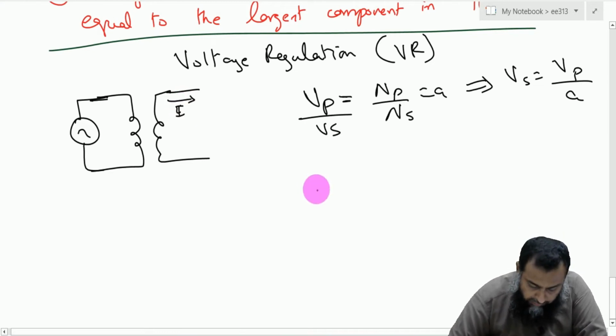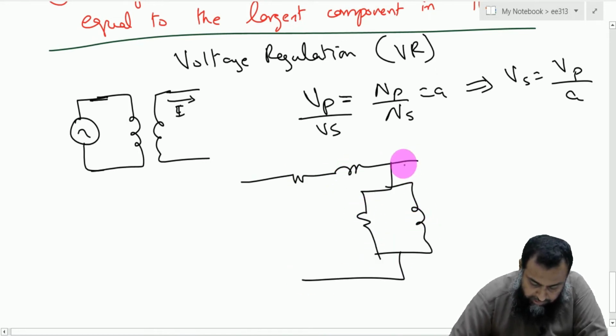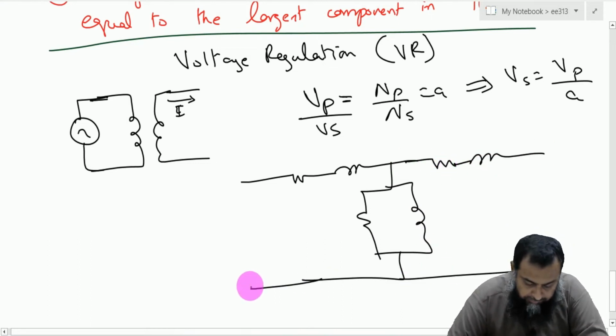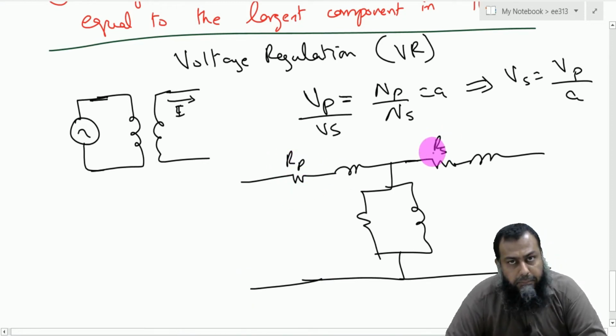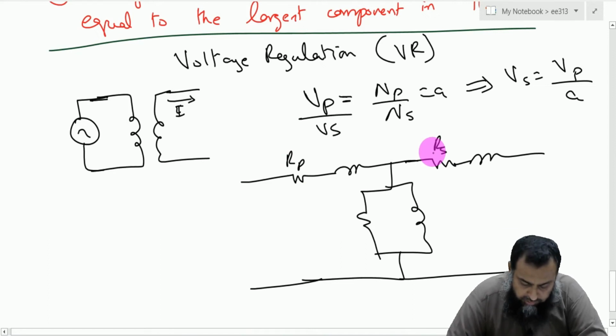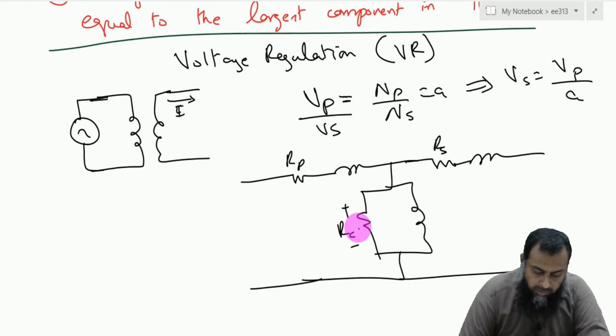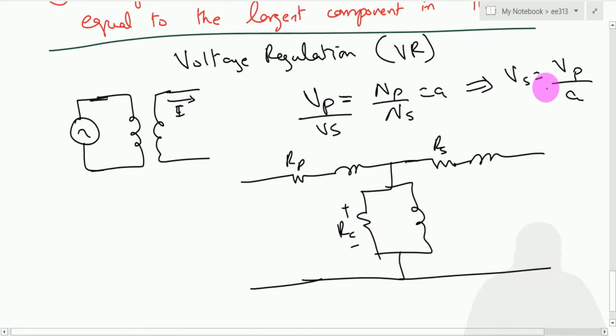So if we draw the equivalent circuit here, then we have only the excitation branch playing its role. The losses in this Rp and this Rs are approximately zero. We do have some losses in this Rp, but compared to this Rc, they are also approximately zero. So there is no loss in the secondary winding impedance, and this is the criterion at no load.